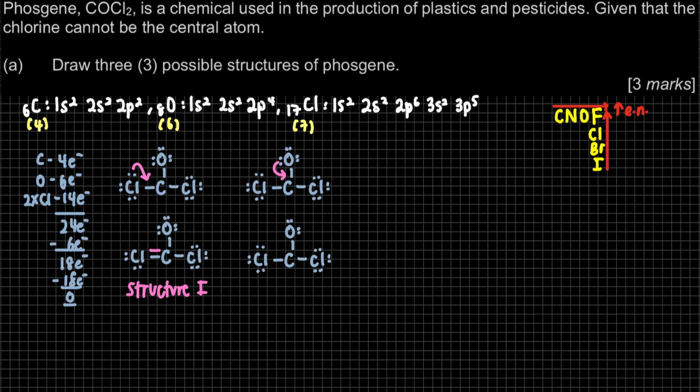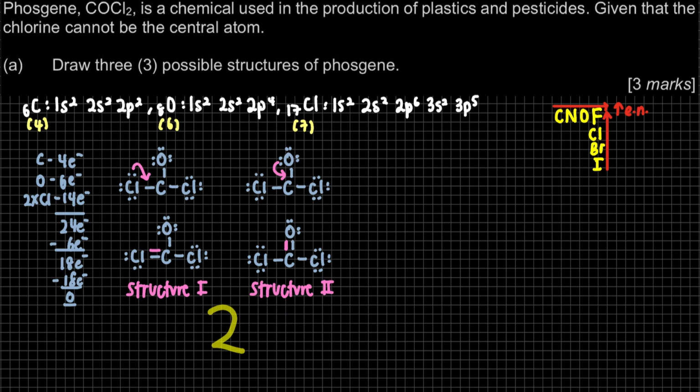When the oxygen shares the lone pair here, when you draw the new structure, there's no lone pair left. So we just have our double bond. When we check, this carbon got 2, 4, 6, 8. This oxygen, even though it shared, also got 2, 4, 6, 8. So this is the second possibility, which I'm going to label as structure 2.